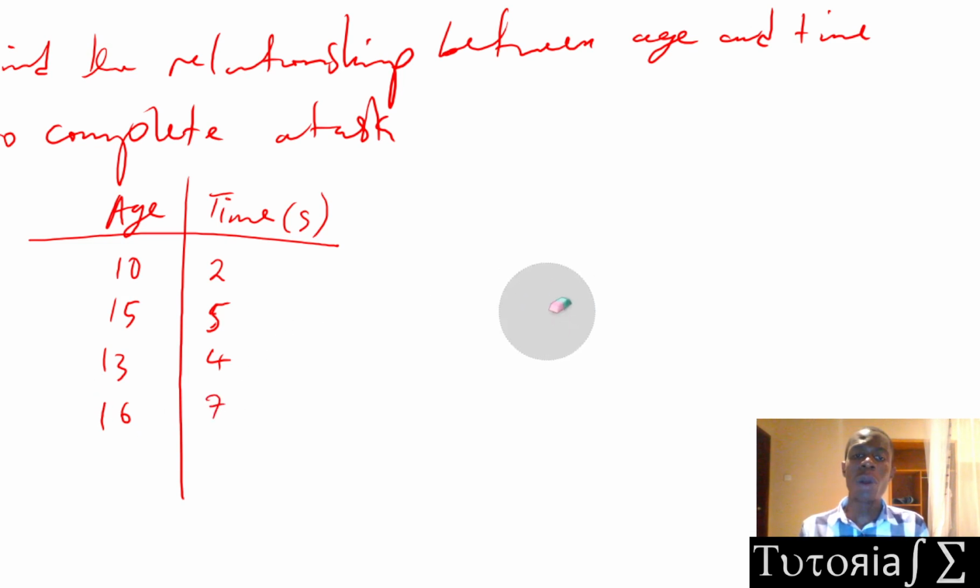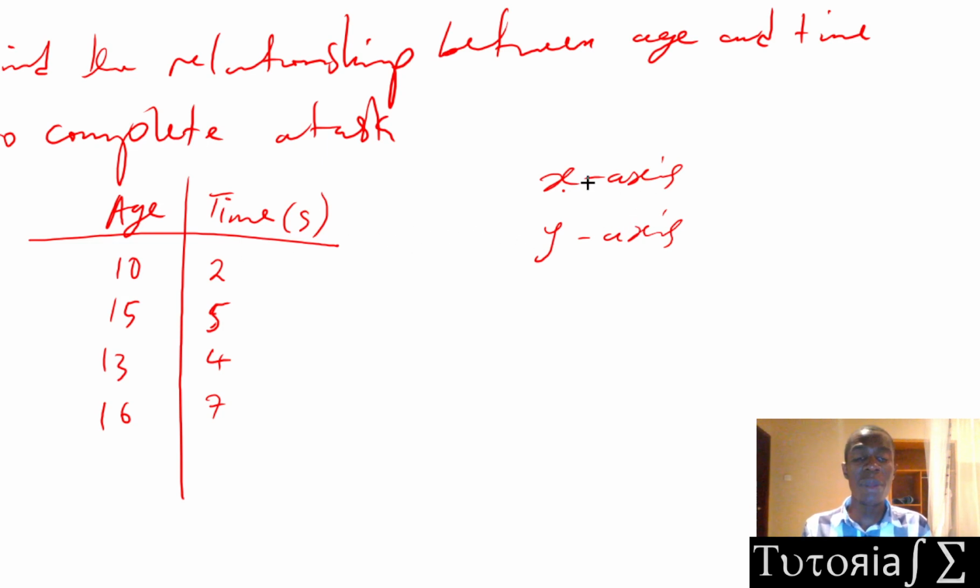Okay, now we need to plot this information on the graph paper. What are we going to need for us to plot the information on the graph paper? We will need to determine which one of these will be on the x-axis and which one will be on the y-axis. So we cannot just choose to say age will be on the x-axis, time will be on the y-axis.